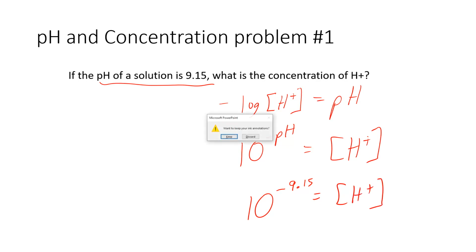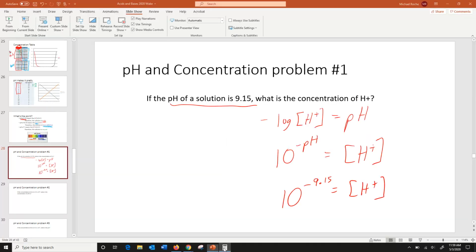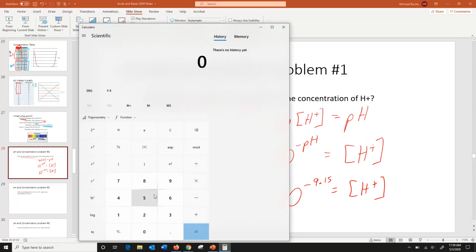So if we do that on a calculator real quick, we want to make 9.15 negative, so we want to use this plus minus button. We don't want to use the addition subtraction buttons because that's going to try to do a function. We just want to make this negative and raise 10 to that power, and we get 7.08 times 10 to the minus 10.